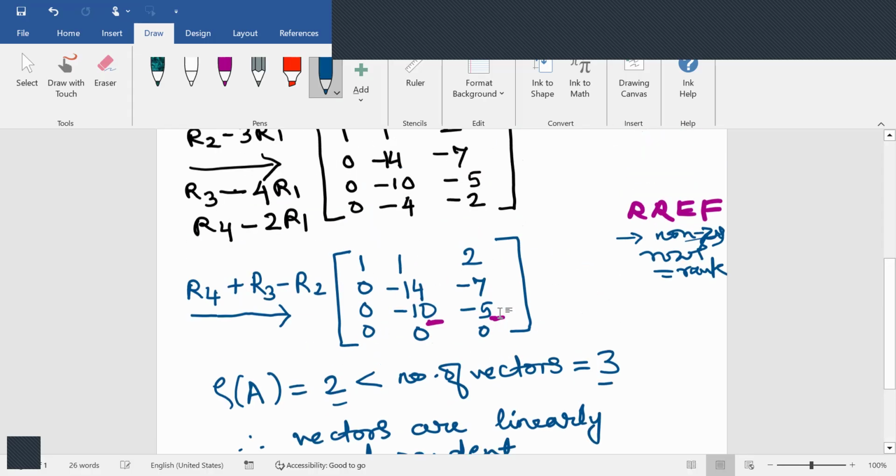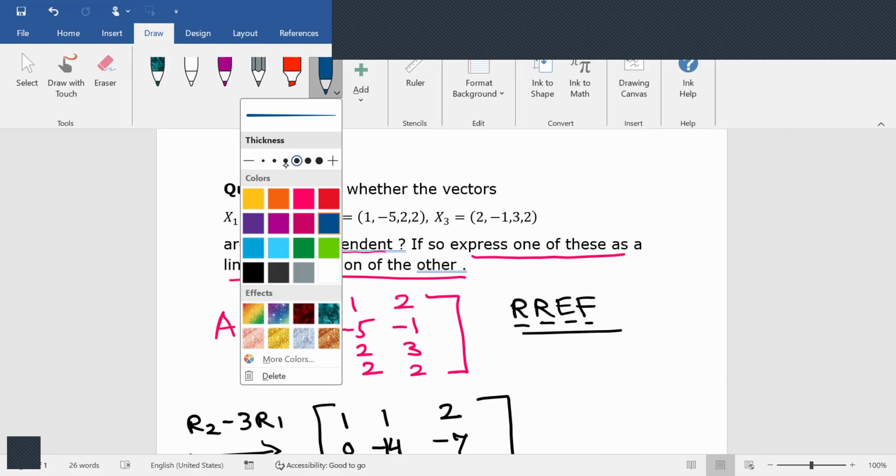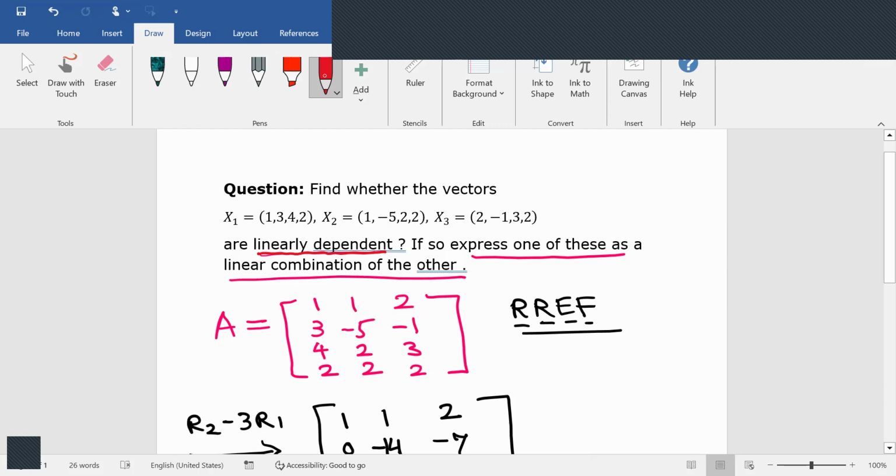So let's look at our question. You need to find out whether the vectors are linearly dependent. We just found out that the answer is yes, they are. And now, if so, express one of these as a linear combination of the other.